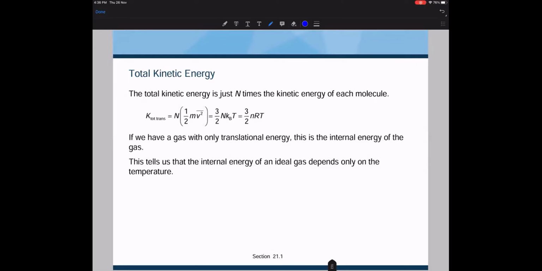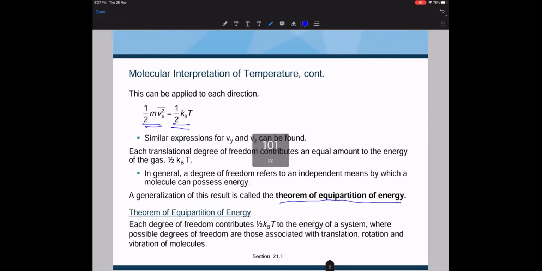Apart from just moving in the X, Y, Z direction, they could actually be rotating about their center of gravity. So there would be some further degree of freedom. By the theorem of equal partition of energy, whenever you have more degrees of freedom, you just add in 1/2 kBT in the calculation. So that is the idea of the theorem of equal partition of energy.